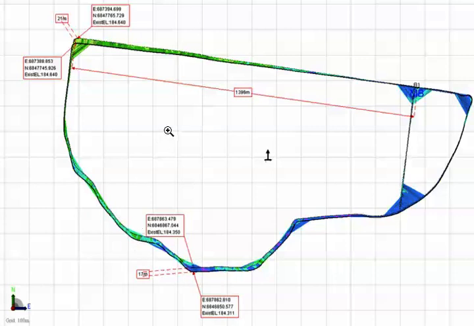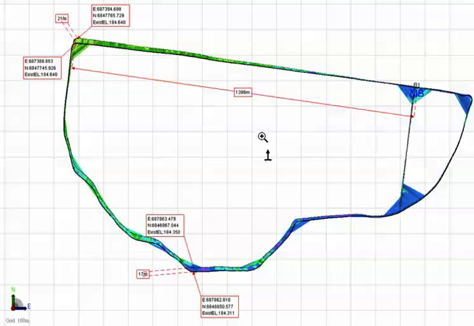Now, the problem that this produces when we try and survey with one coordinate system, do a design, and then export back out to load into another GPS system to do the earth moving, is that these differences can end up producing significant differences in what the design should be.